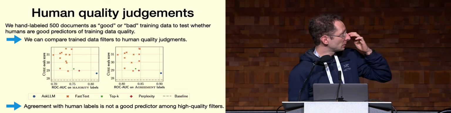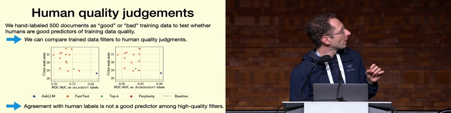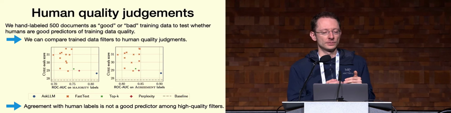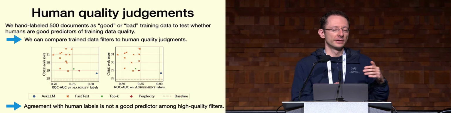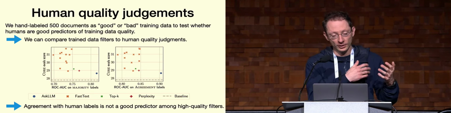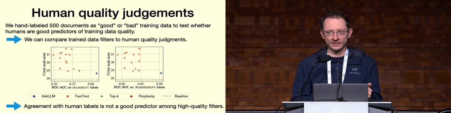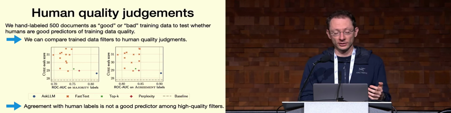The experiments we did here are of the following form. We had 500 documents from our corpus, and some of the experts on our paper who worked with this data a lot annotated these 500 documents as good or bad data. Like, did they think this is good or bad training data?